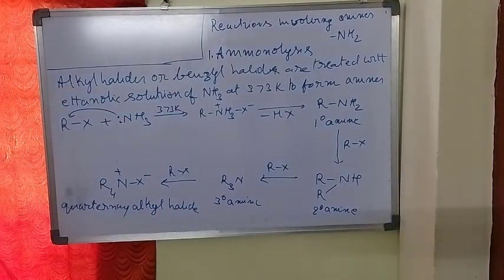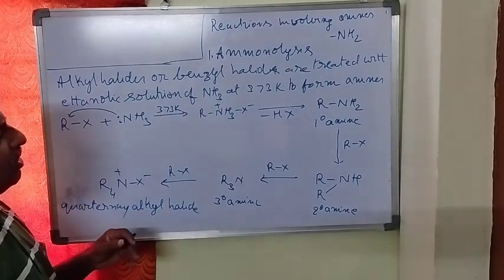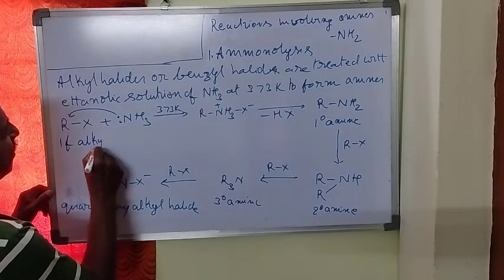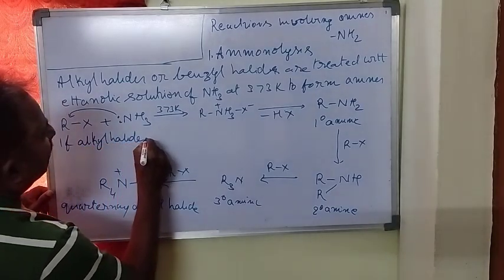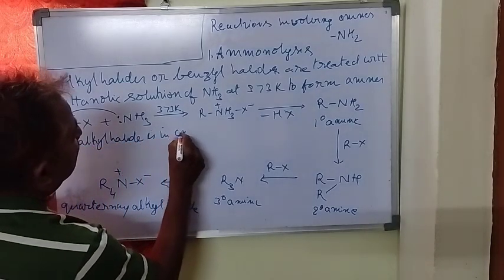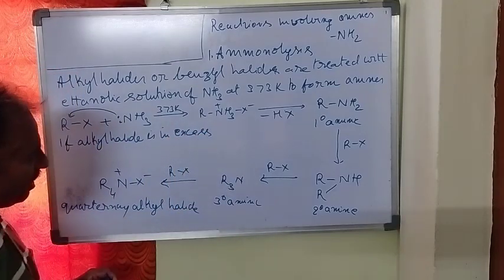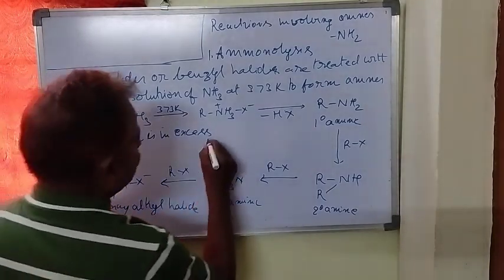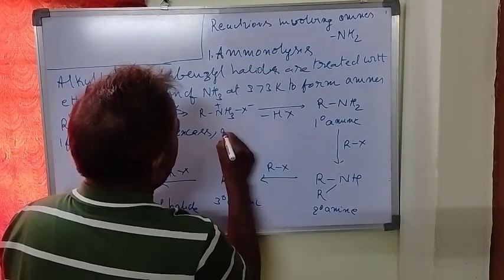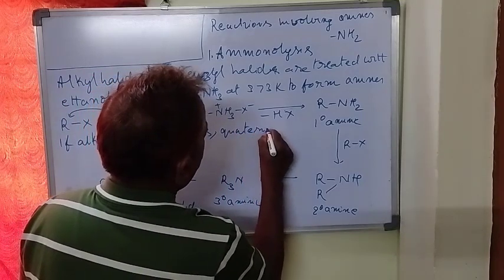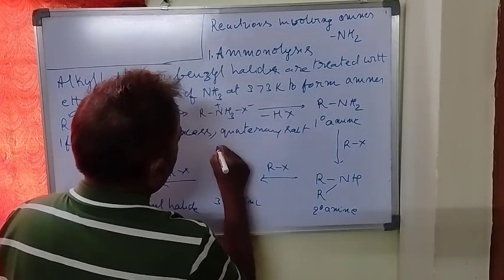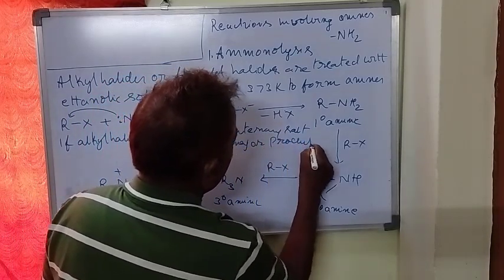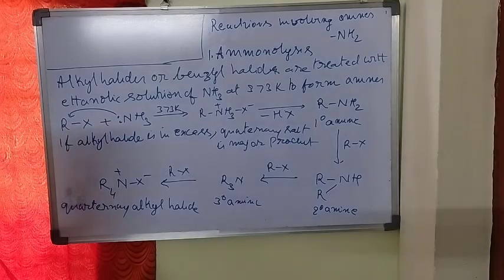So the condition here is, in this reaction, if alkyl halide is in excess, what do we get? Quaternary salt is the major product, and of course we get a mixture of different amines. So we do not get primary amine alone.